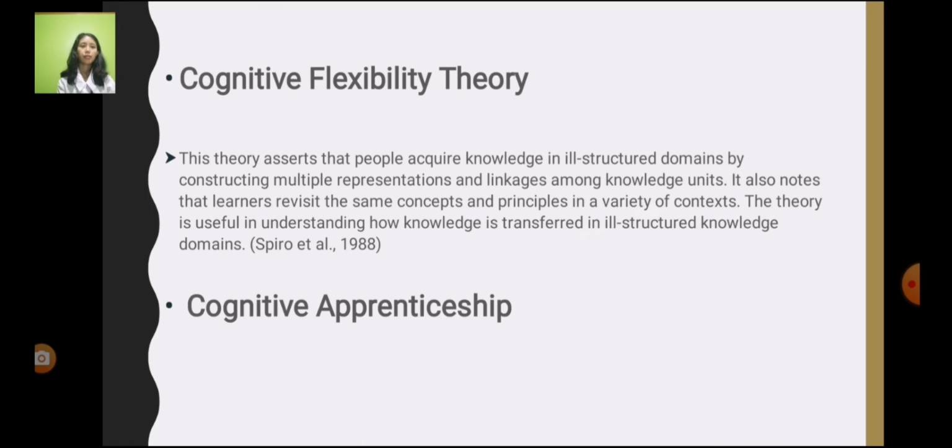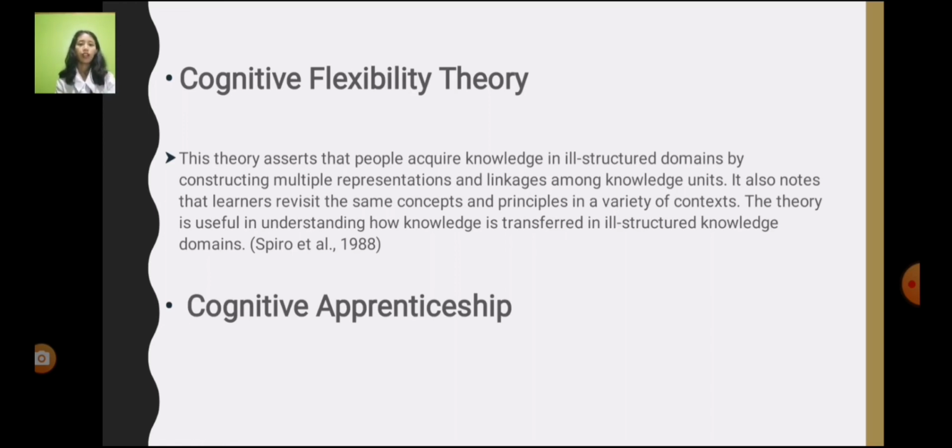Then there is cognitive flexibility theory. It is the mental ability to switch between thinking about two different concepts and to think about multiple concepts simultaneously. It is the ability that allows us to adapt to unfamiliar and unexpected situations, integrate different perspectives, and shift problem-solving strategies. It is usually described as one of the executive functions.